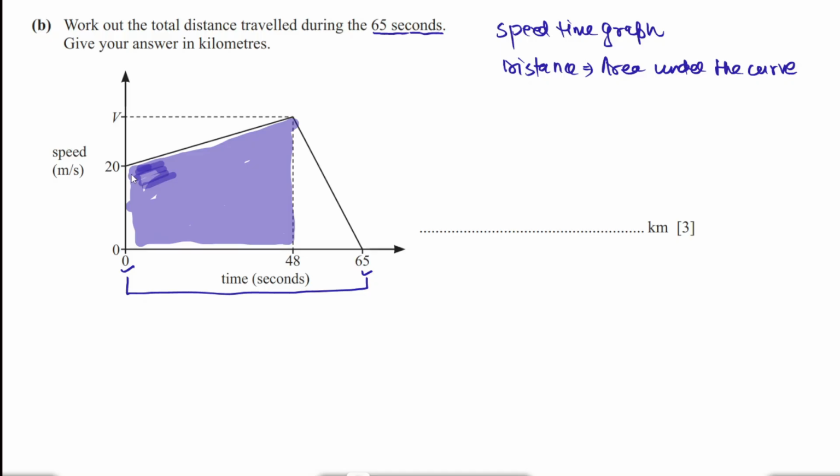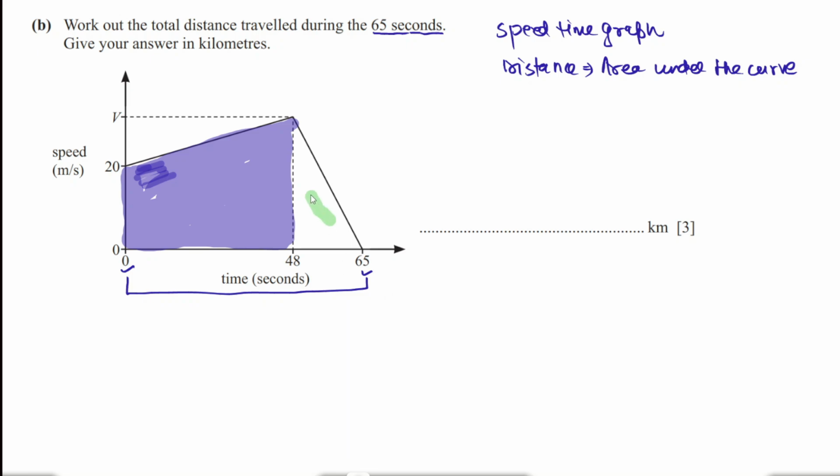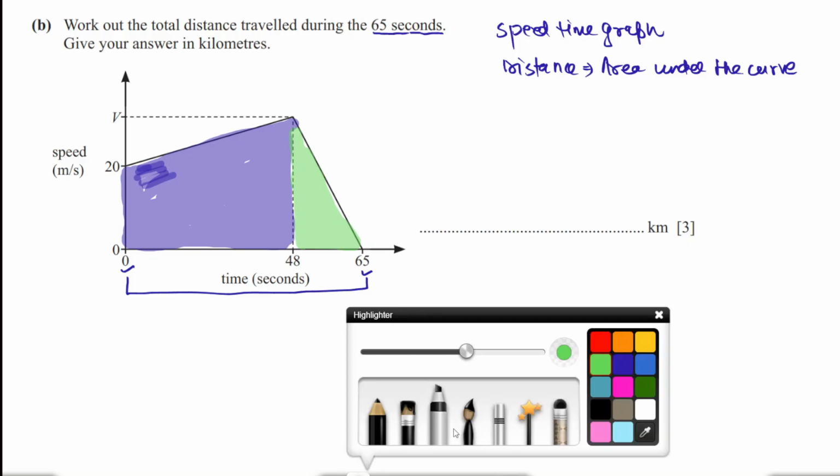So the first part of this diagram is a trapezoid, and we need to find the area of the first part, and then we have to take the area of the second part as well. And the second part is a triangle here. You can see very clearly here. We have to take the area of this triangle as well. So first of all, we need to revise the formulas we are going to use here. Let us see.